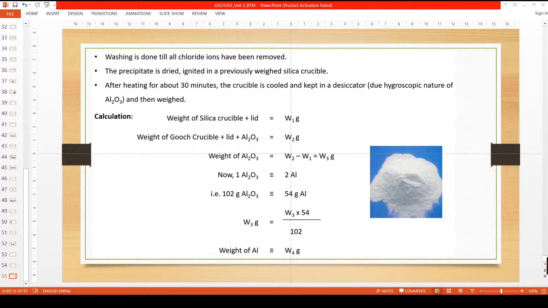Okay. And for aluminium, what is required is ammonium chloride.